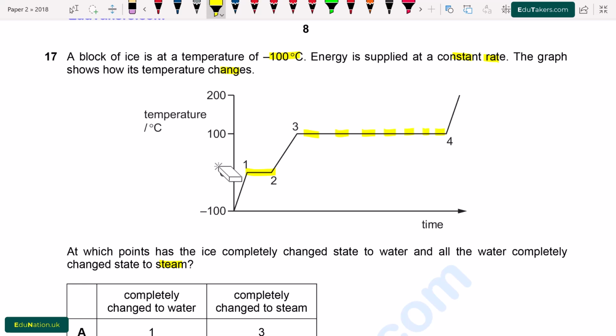As we can see, from point 1 to 2, temperature is 0 degrees C, while from 3 to 4, temperature is 100 degrees C. It means that at 100 degrees C, there is the conversion of water into steam. So the water completely converts into steam at 4, while at point 2, the ice changes into water.